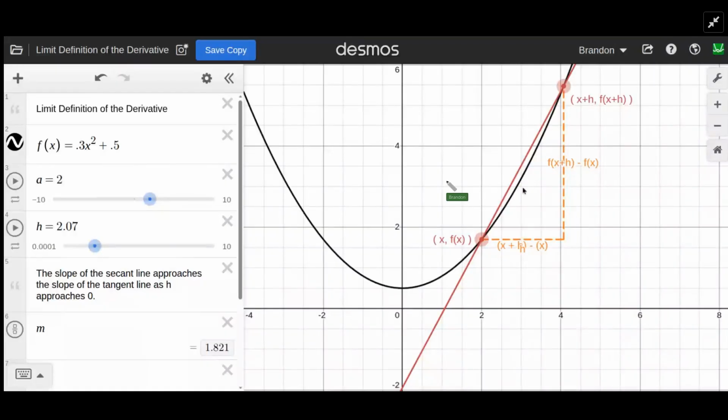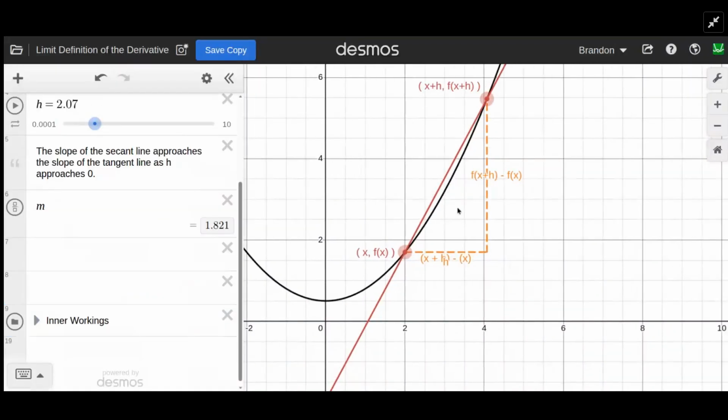When we're looking at the actual limit definition of the derivative, you can see here that they've abstracted it so that if you start at a certain x value, and you have a certain h, which is the same thing as delta x, that would move you to the right by a certain amount. And then you would have another point on your curve, which would have an input of x plus h, or delta x, whatever you want to call it, and then the function evaluated at that output.